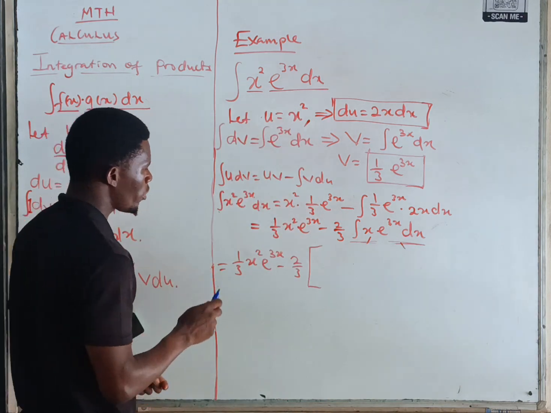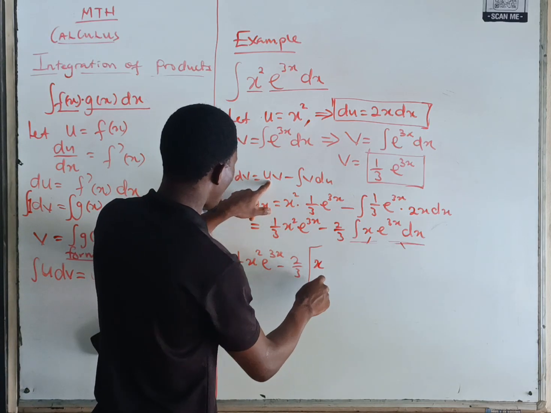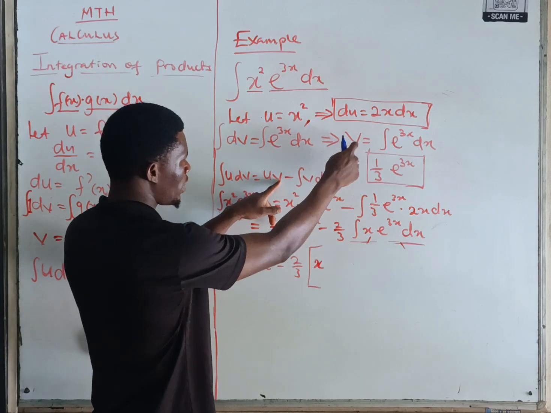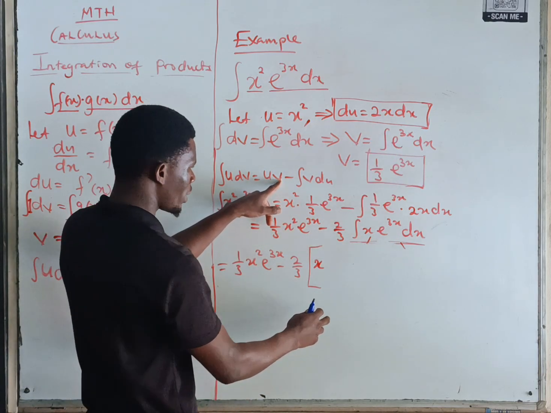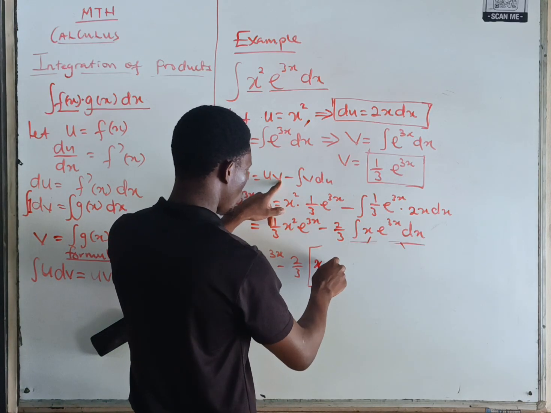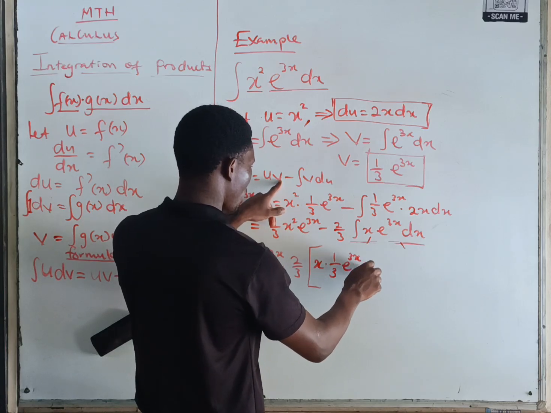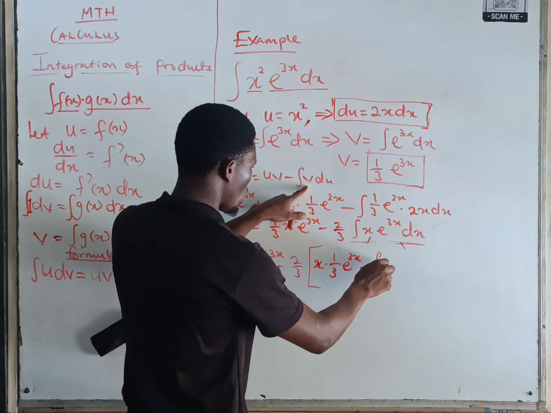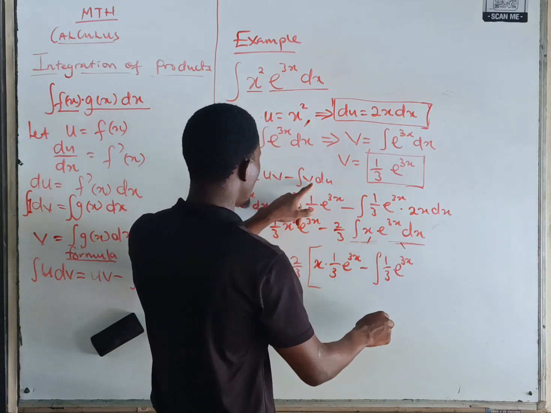Now following the formula, we have that u is x, and our v will be the integral of what is here, I said it earlier, v is the integral of what we have there. So that means v is the integral of e raised to power 3x, so we get 1 over 3 e raised to power 3x again, then minus the integral of v, which is 1 over 3 e raised to power 3x, du.